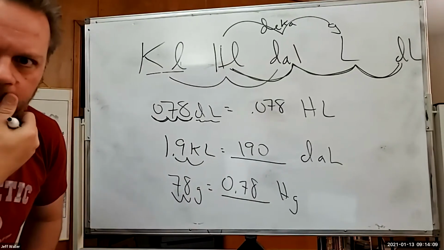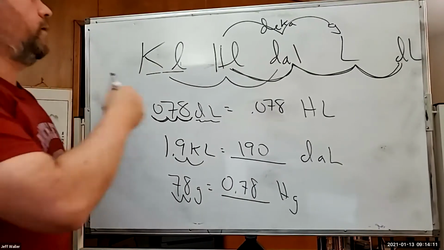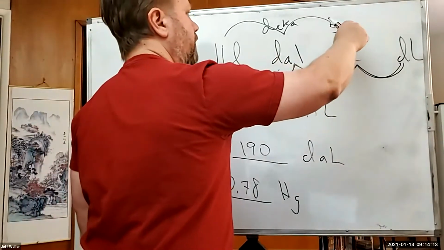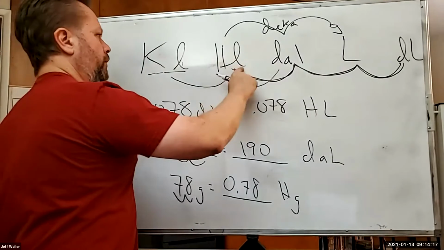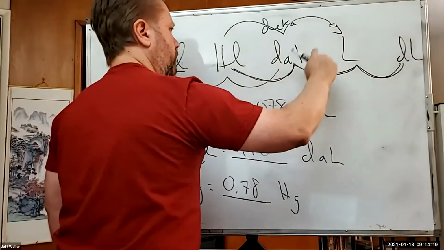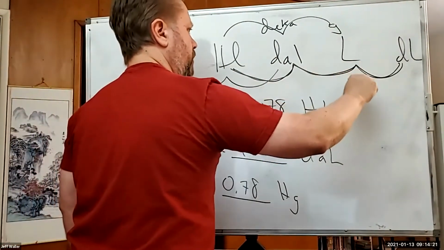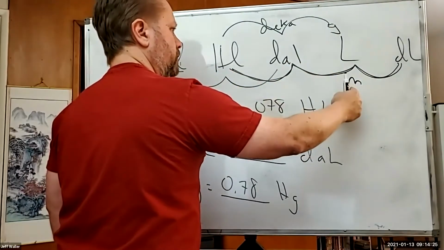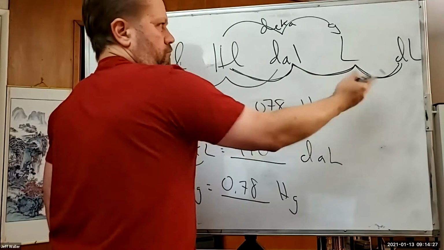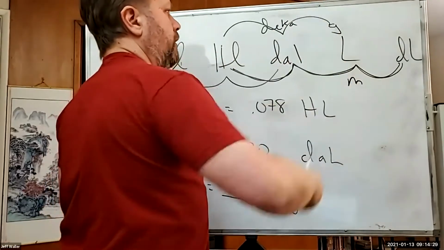So where's your grams above the liters? Yeah, this spot. So again, kilo blank, hecto blank, deca blank, blank. So it could be grams, liters, or meters. Yes. Okay. So that's the middle spot.